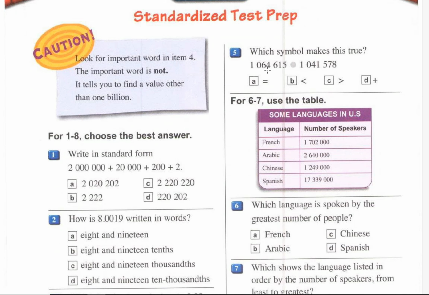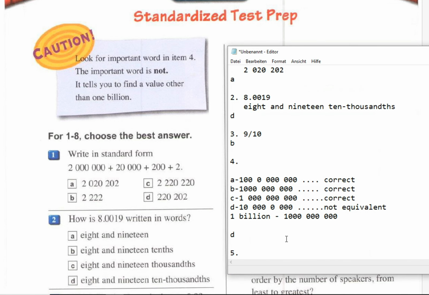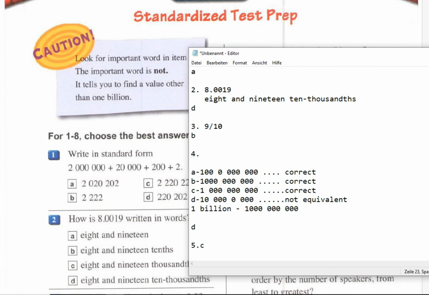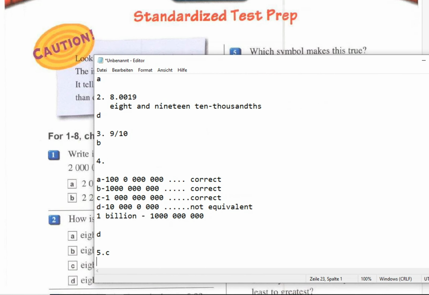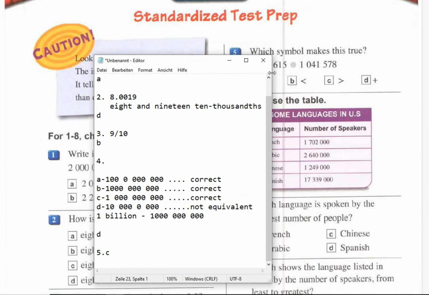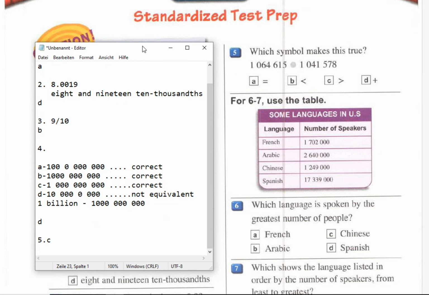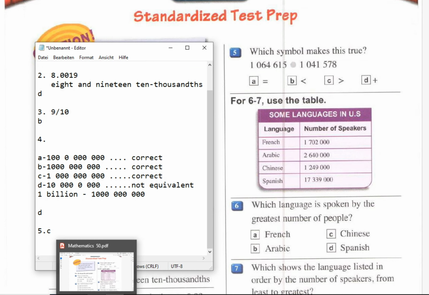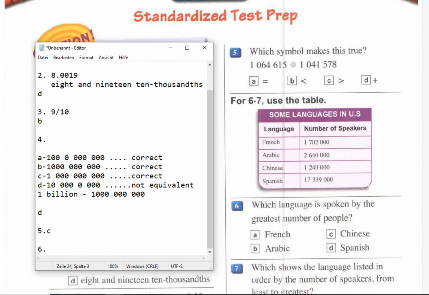It's 1,064,615 and 1,041,578. You can see that from the first point of view. Oh, my technique is a little bit slowly, but the correct answer is C.